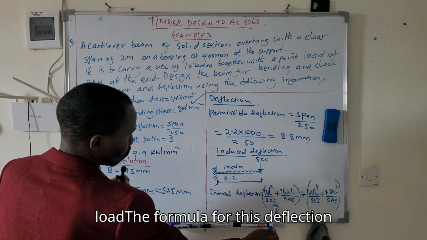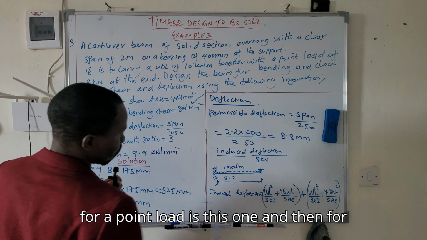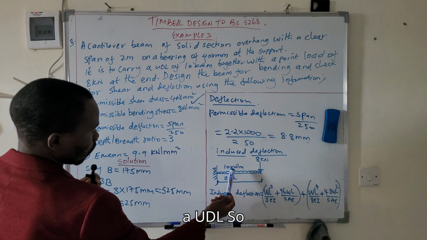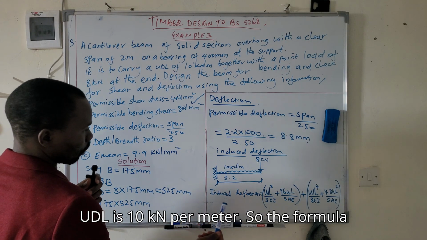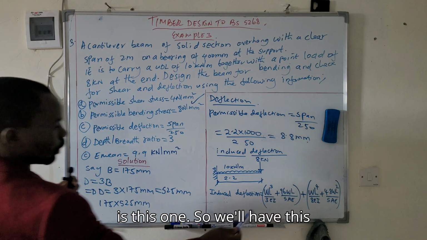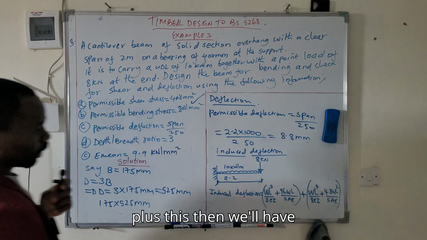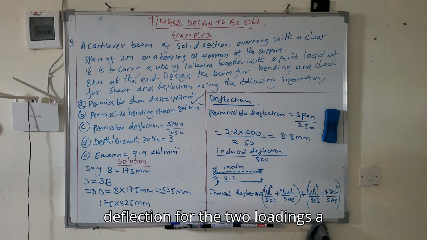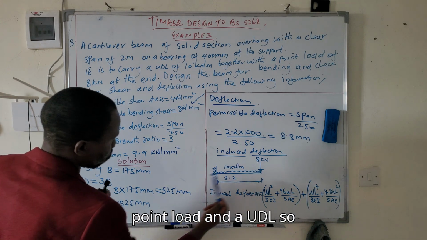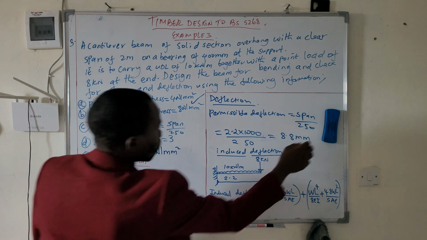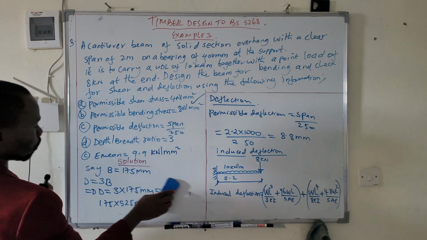The formula for induced deflection for a point load is this one. And then for a UDL, so UDL is 10 kilonewton per meter, the formula is this one. So we will have this plus this. Then we will have our final or total deflection for the two loadings, a point load and a UDL.